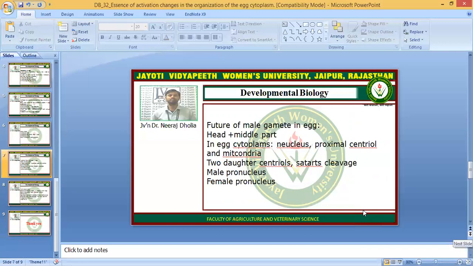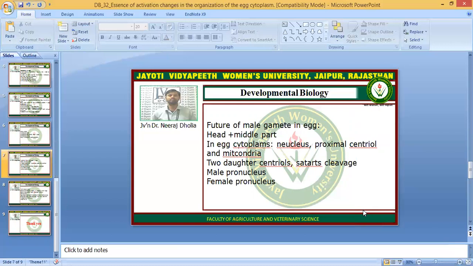Further, what is the fate of the male gamete in the egg? The male gamete is the sperm, and in most animals, the head and middle part enter the egg, and the tail part remains outside. In mammals, the whole male gamete is introduced into the egg.